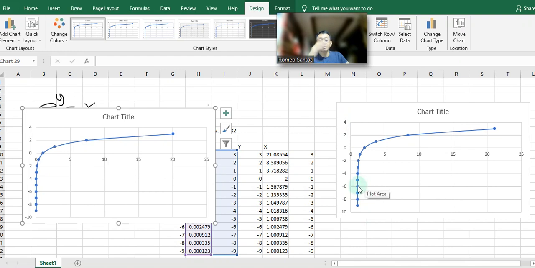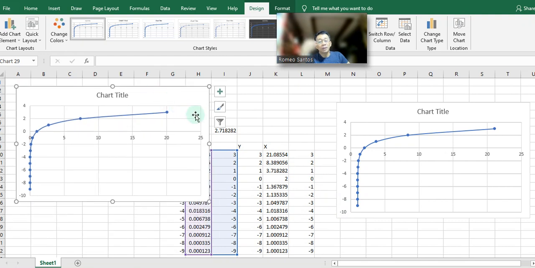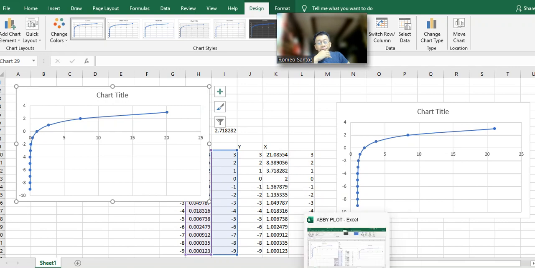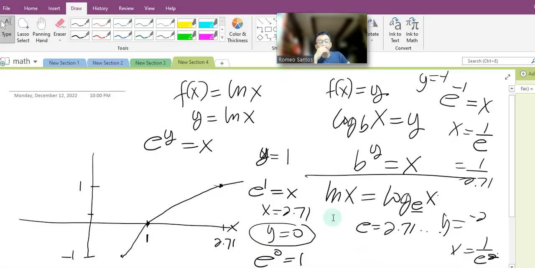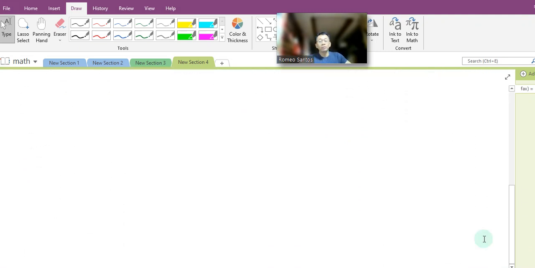So it will not cross the y-axis. Now, for the other one, this is the procedure you will follow.